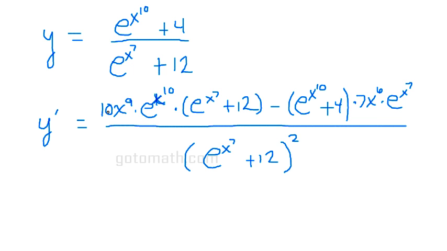Now it looks like we can do some factoring here. We could factor out an x factor. We've got an x to the 9th and an x to the 6th. We always pull the one out with the smaller exponent. We can pull that out, and, ooh, man, what can we do there?